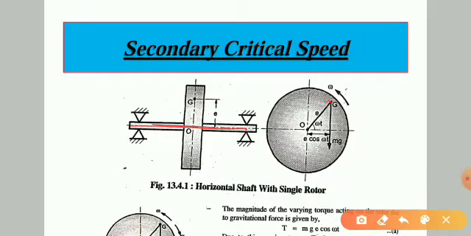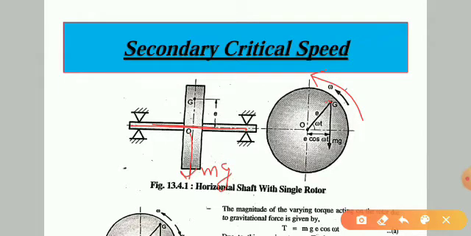Suppose this rotor is rotating in anti-clockwise direction. Now the torque on rotor is due to the gravitational force mg, which is acting in the downward direction, m into g.